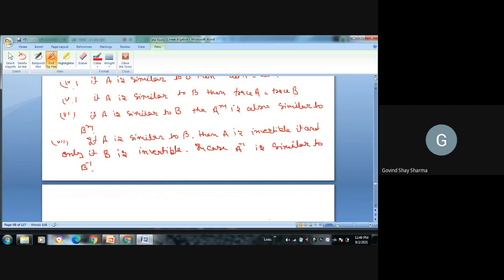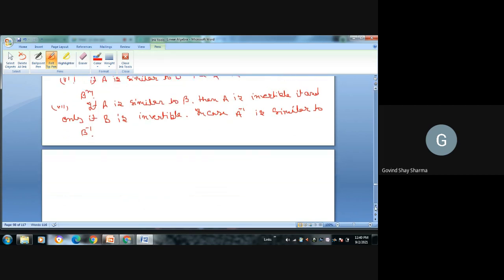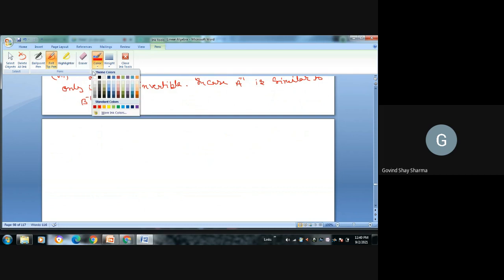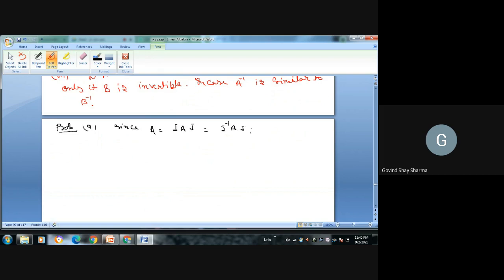We take first, since A can be written as A, it can also be written as I inverse AI. So A is similar to A. So a matrix is always similar to itself.